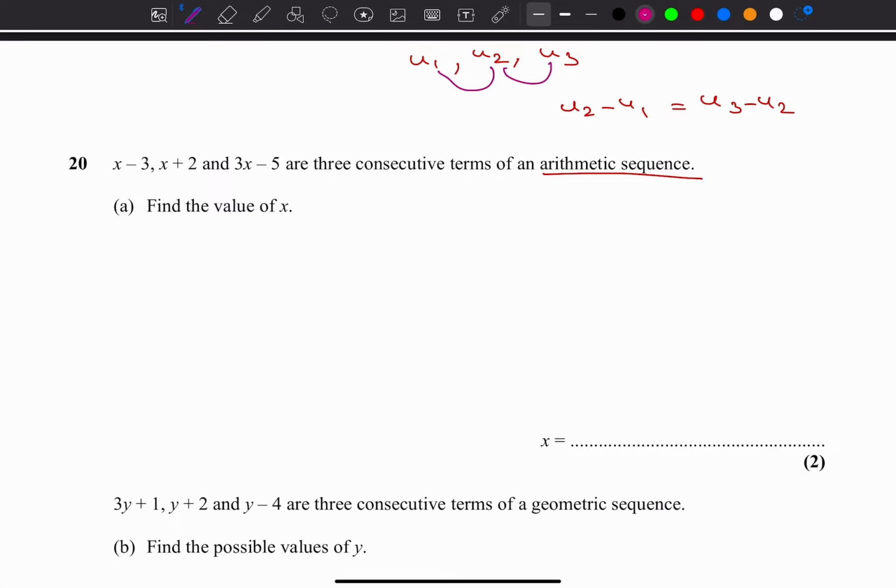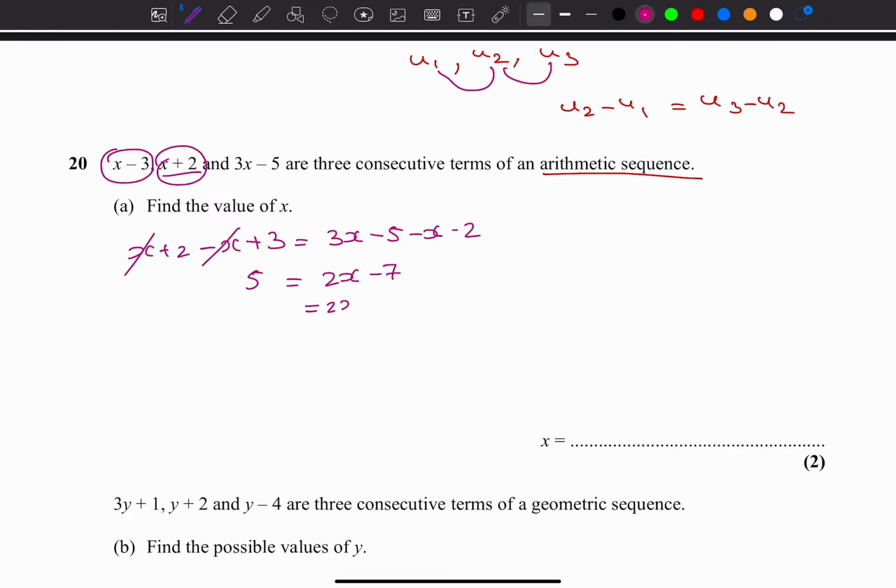So u2, the second term, take away x. Be careful with the minus: it's not minus 3 anymore, it's plus 3, equals the other one, 3x minus 5, take away this one, so minus x minus 2. That cancels, that gives you 5. That gives you 2x minus 7. 2x is 12, x is 6.